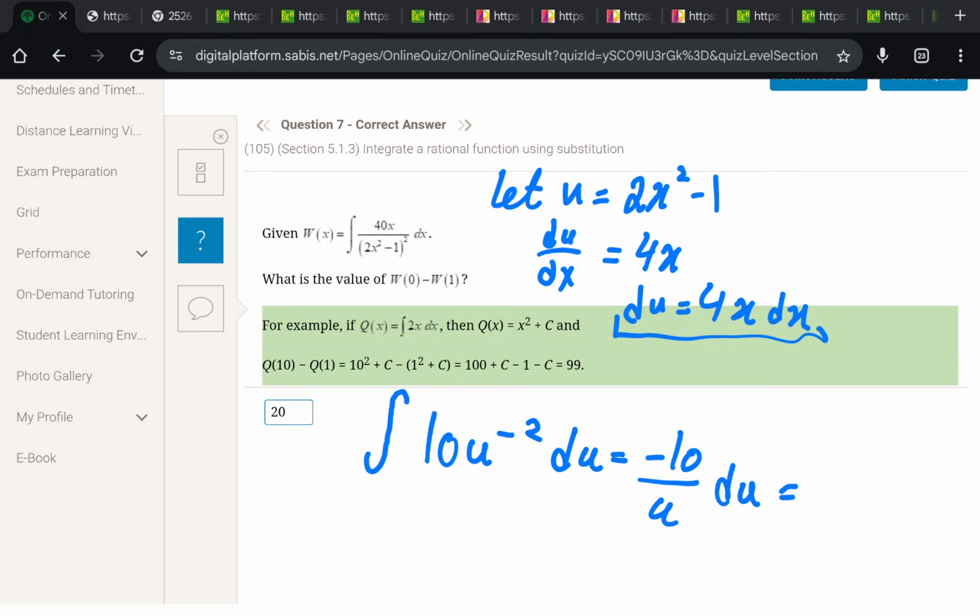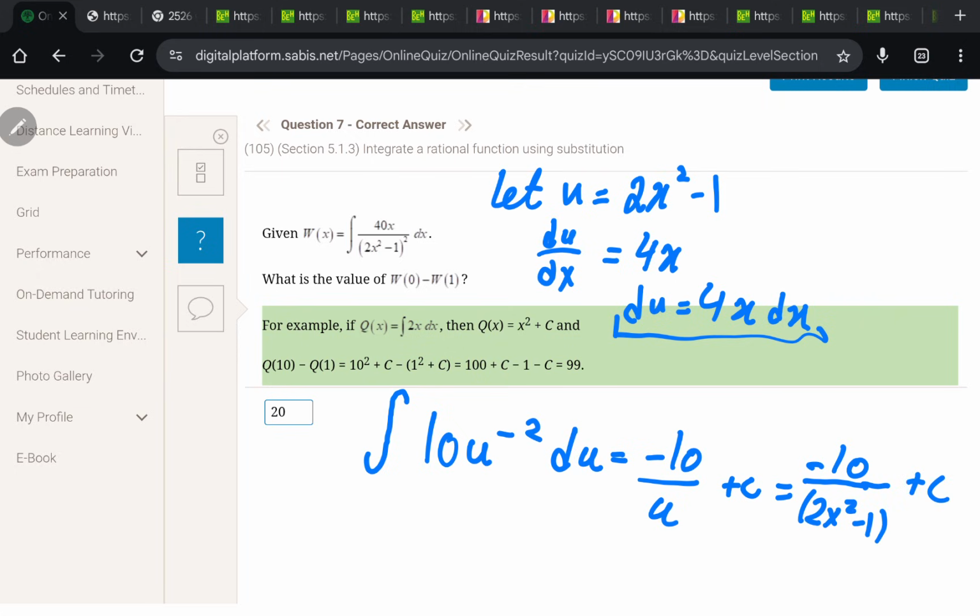Now you divide by minus 1; 10 divided by minus 1 is minus 10. So you have minus 10 u to the power of minus 1. That means you just take u down, it'll be u to the power of 1. So obviously the plus c. So it'll be minus 10 over 2x squared minus 1 plus c.